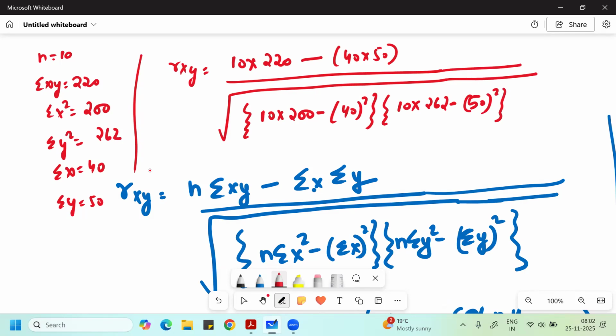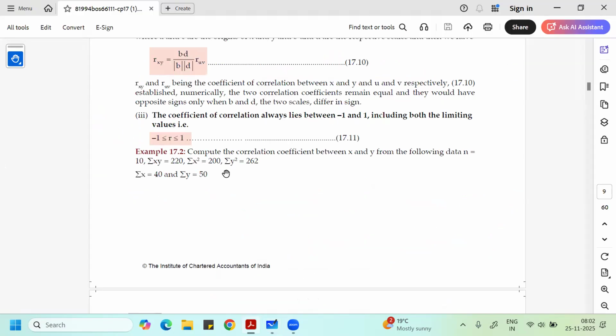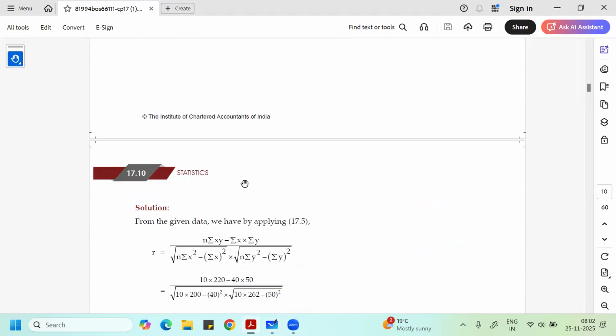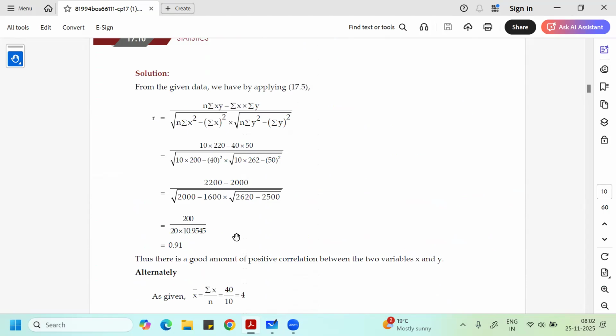Just solve this, you will get the answer. Calculator anyway is allowed to you. Answer should be between minus 1 and plus 1. You will get the answer as 0.91.